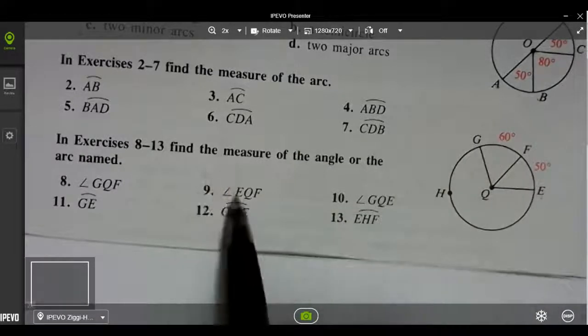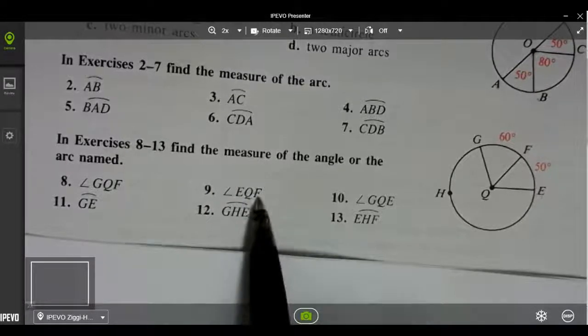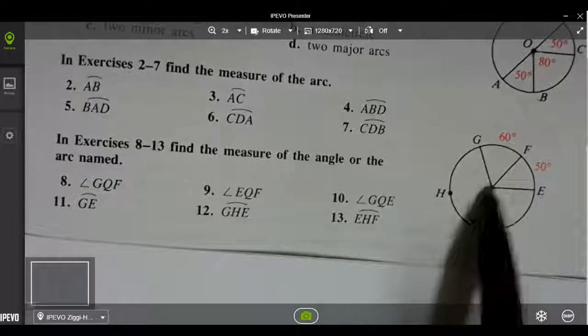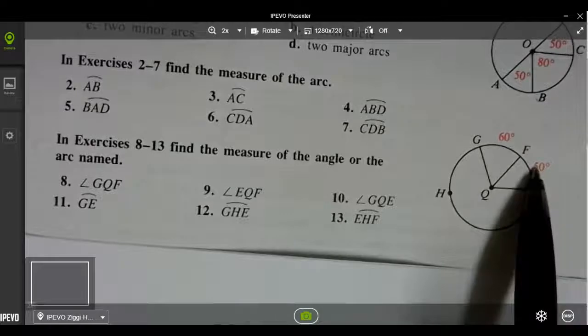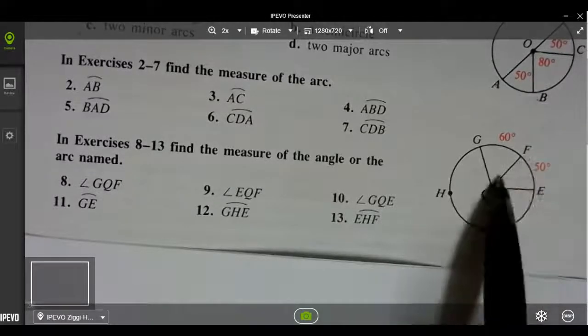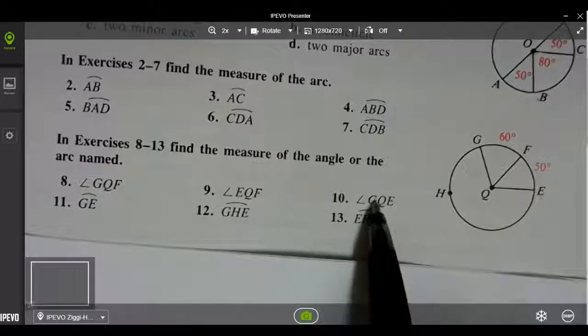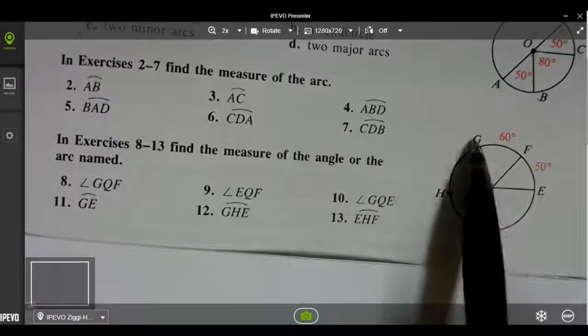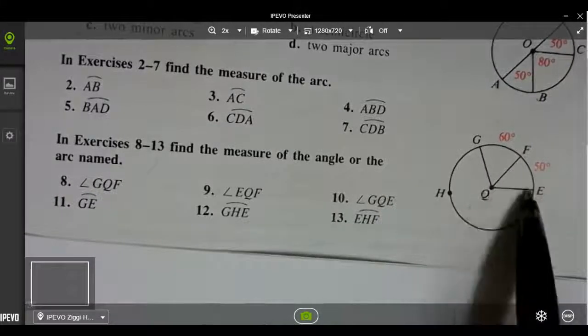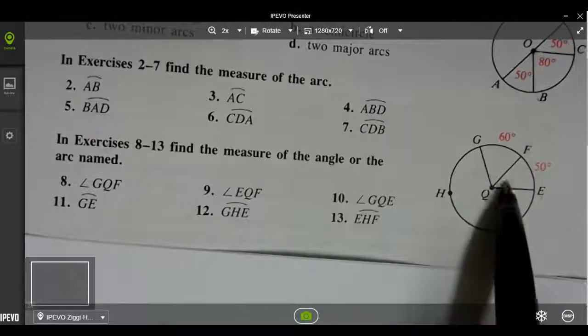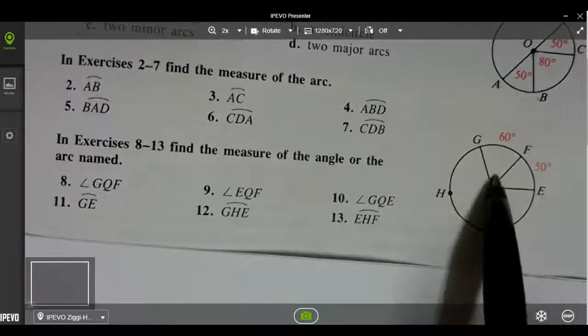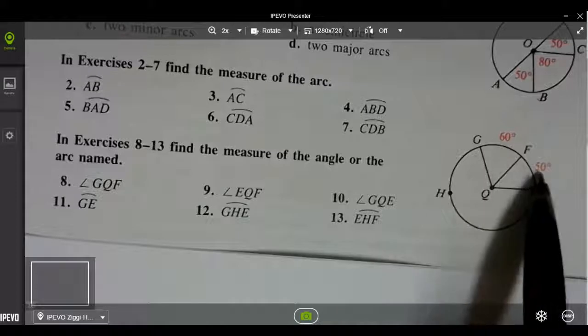And angle EQF is 50, same thing with the arc. Angle GQE. Again, we use the addition postulate to add 60 plus 50, and that gives us 110. And so forth.